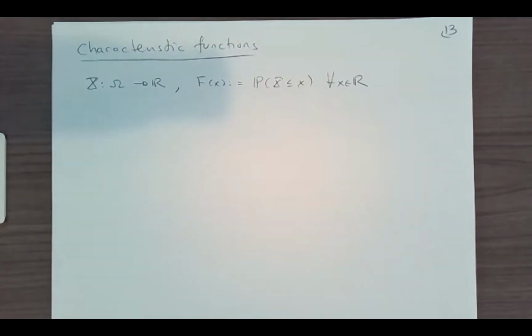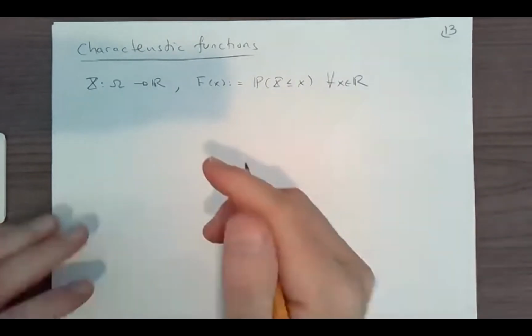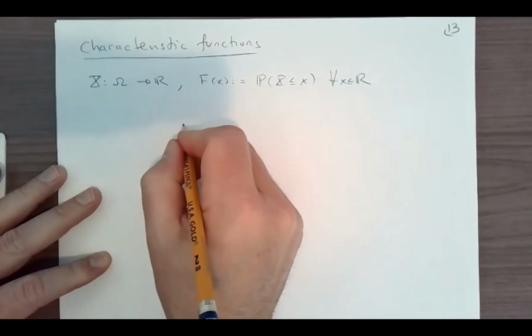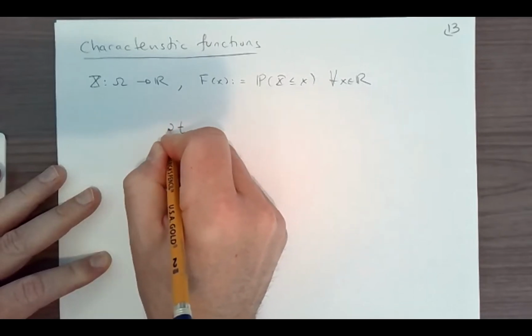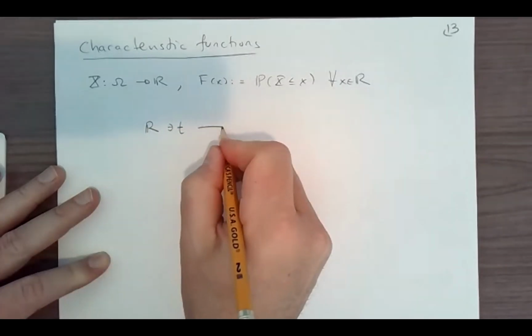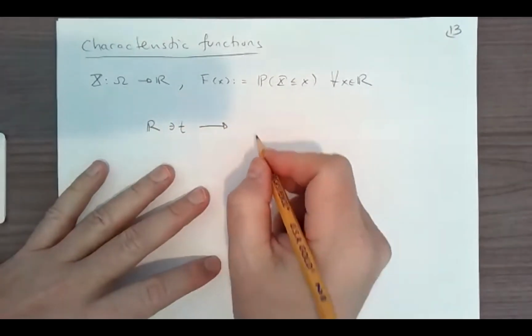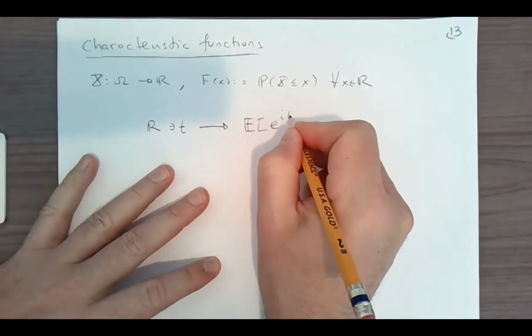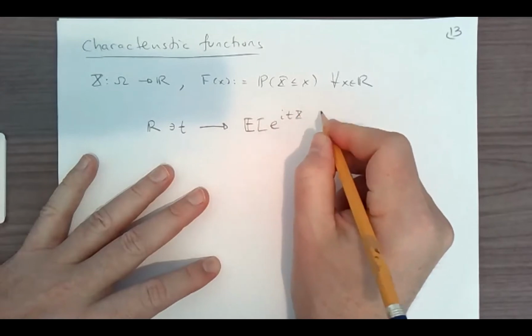Its characteristic function is given by the following: you take a number t, which is in R, and map it to the expectation of e^(itX).